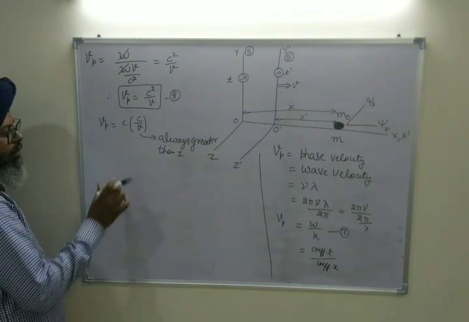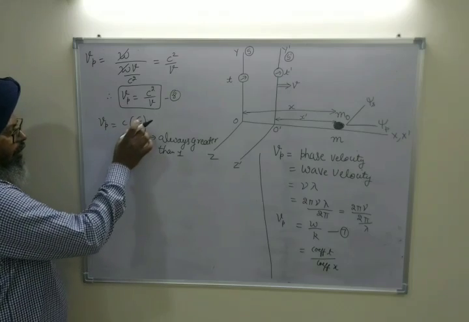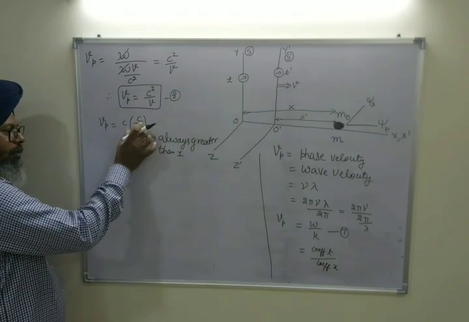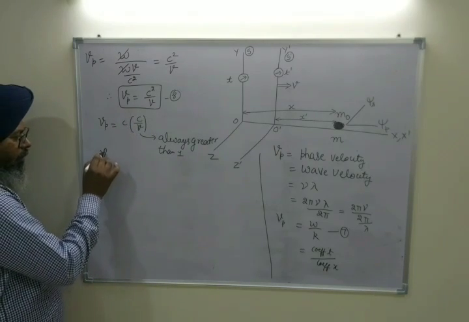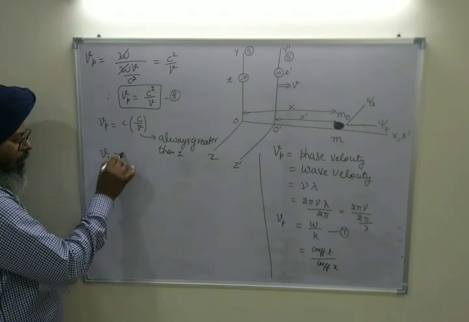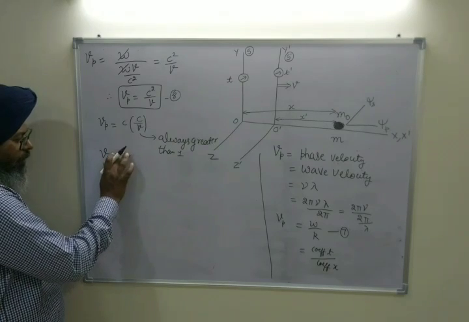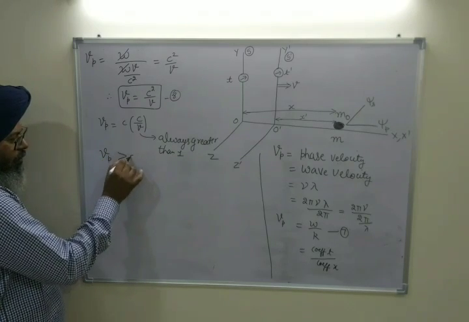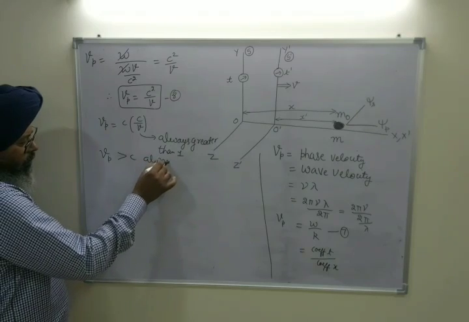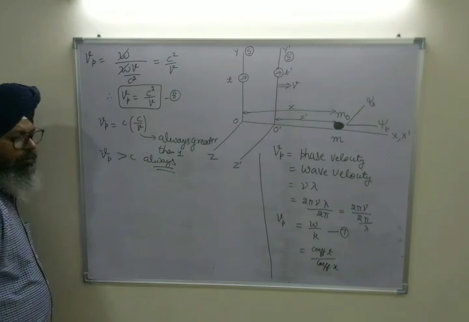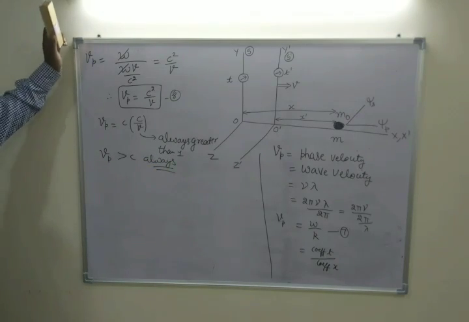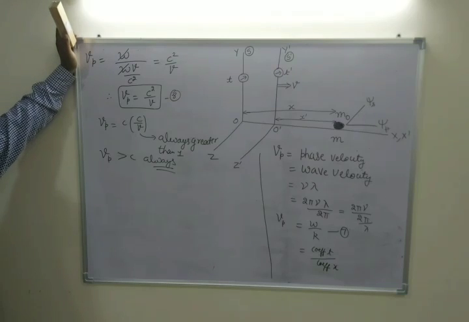So if I multiply c by something which is greater than 1, I can clearly understand that Vp is greater than c always. This means de-Broglie waves travel faster than the velocity of light in vacuum.